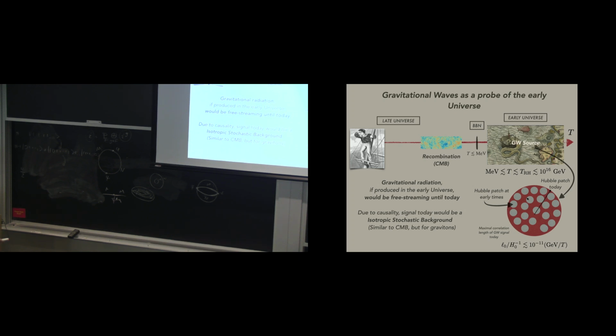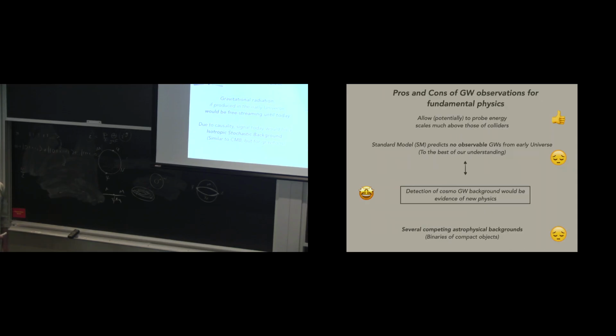By looking at this estimate here, comparing the maximal correlation length, which is just the size of the Hubble patch at early times, to the Hubble patch today, you get a very large number of independent sources in your Hubble patch today. So the signal would look like an isotropically distributed and stochastic background precisely because of these reasons. In some sense it is similar to the background for photons, but this would be for gravitational waves. So that's the setup of what I will be talking about.